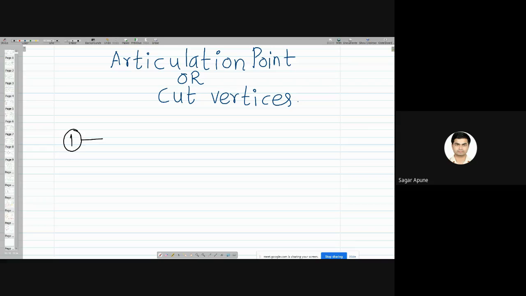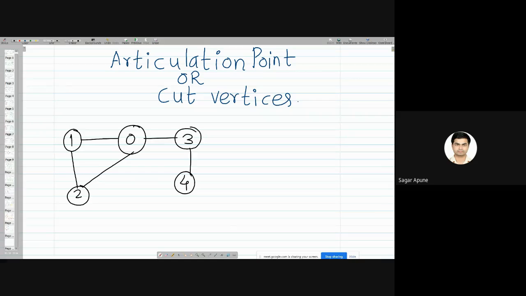Vertices 1, 0, 3, 2, 4. Articulation points or cut vertices exist only in an undirected graph. Okay, edges 1 to 2, 0 to 2, 3 to 4.